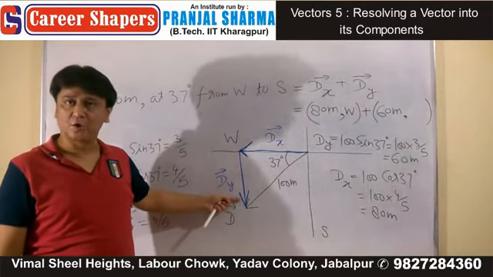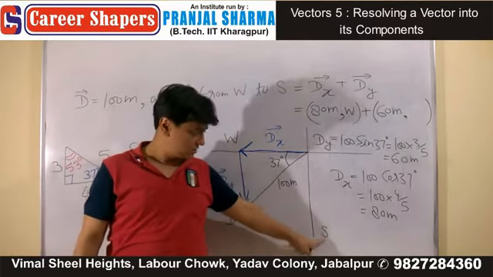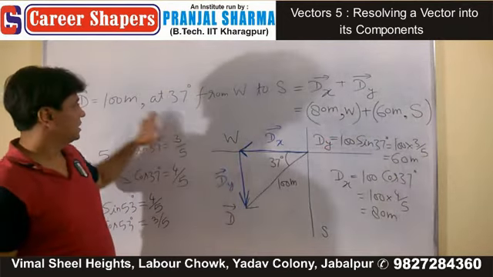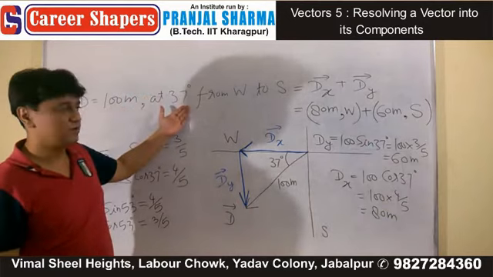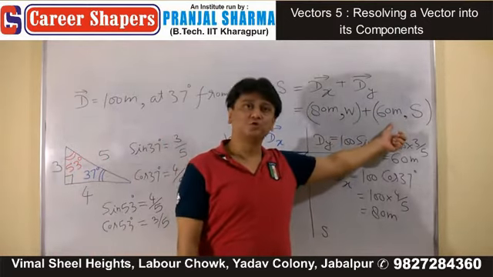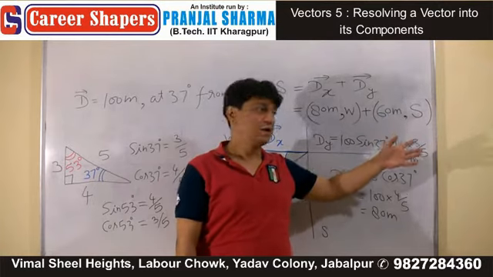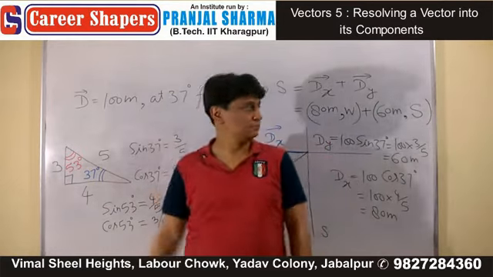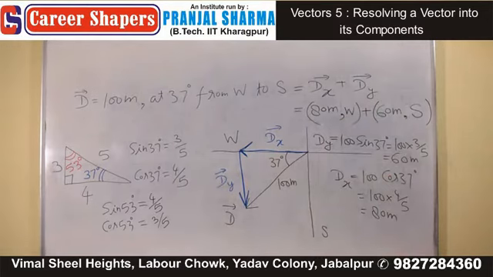Look at the arrowhead. South. So a command like 100 meters at 37 from west to south is equivalent to these two mutually perpendicular commands, and these two commands are called components of this vector. Everybody has answered correctly.